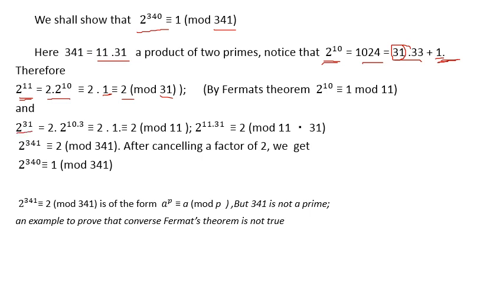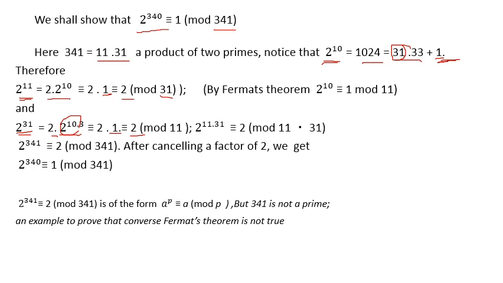Now 2^31, we can write as 2 into 2^30. Again 2^10 is used here. 2^10 is congruent to 1 modulo 11. So we replace 2^10 by 1, to the power 3. So we have 2^31 is also congruent to 2.